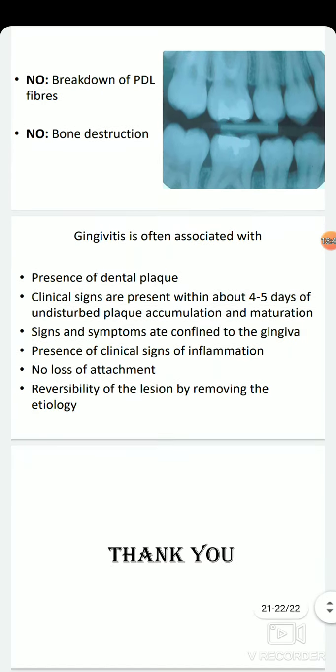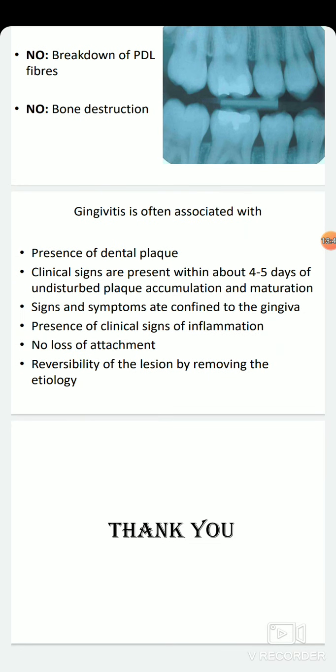So the final take is, gingivitis is often associated with the presence of dental plaque. Clinical signs are present within about 4 to 5 days of undisturbed plaque accumulation and maturation.